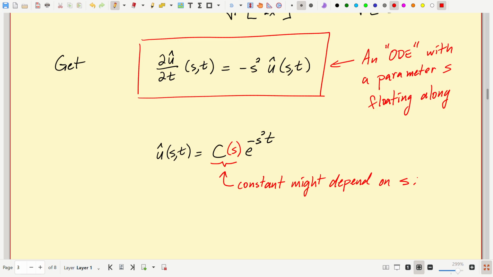And it's okay to allow that constant to be complex, because the Fourier transform is a complex valued function. For C of s to be complex. A complex number.